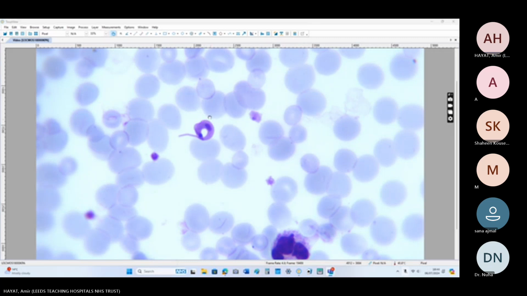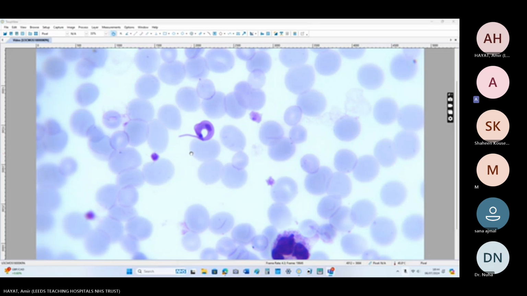What is this? There's some worm. Is there any traveling history in this patient? Yes, this patient arrived from Northern Africa yesterday. Are these the malarial parasites? Why are they curled up?